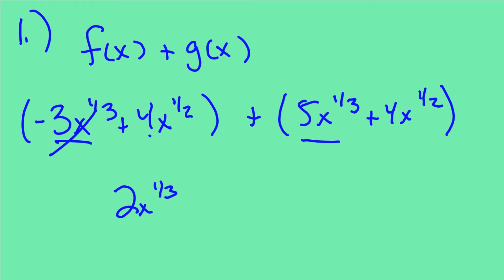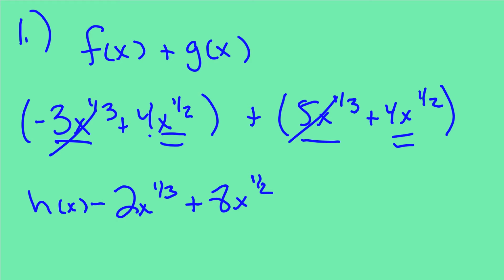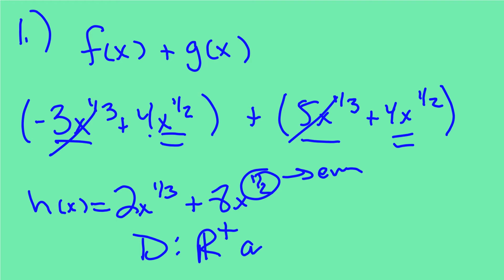I cross them off just so I don't use them again. Then I use 4 and 4 to get 8x to the 1/2. This is a new function, that's why I put h of x there. Finally, the domain starts off with all the reals. Because that's even, I put the plus sign and 0, and it's not breaking any other rules, so I don't worry about it. And that's it for number 1.